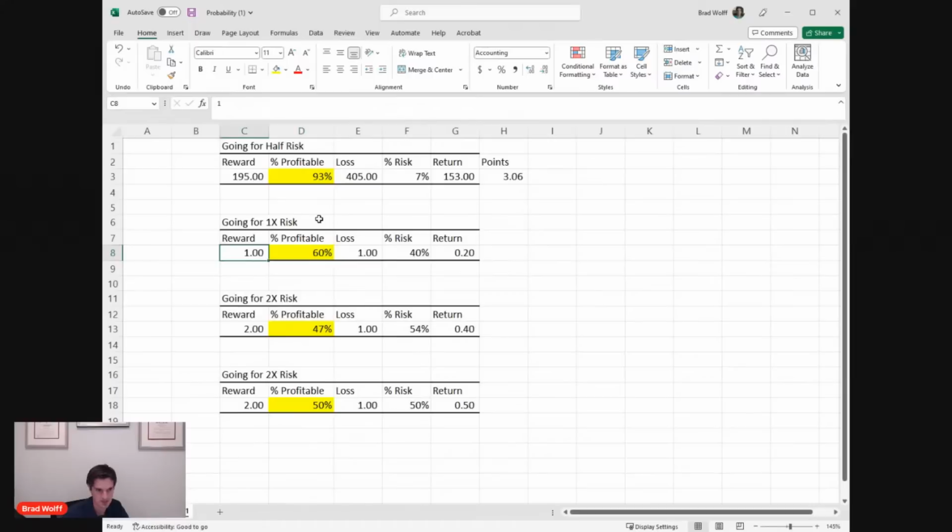If you're 60% profitable and your risk is 200, your reward's 200. You lose $205 because you have to pay $5 in commission. If you win, you make $195. Your return per trade is basically $35, which is less than 1 point.